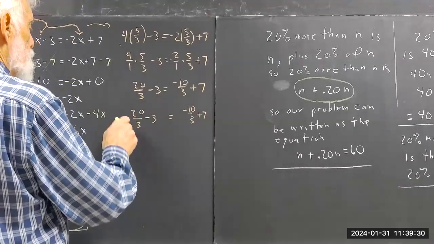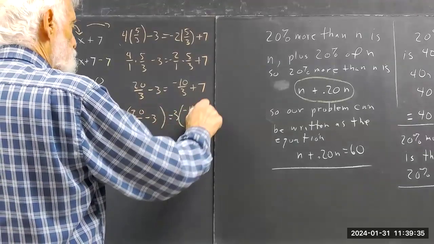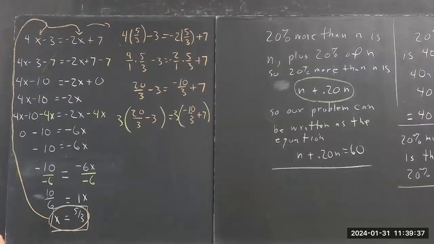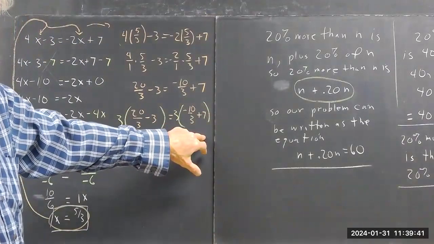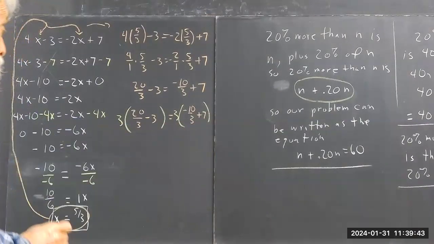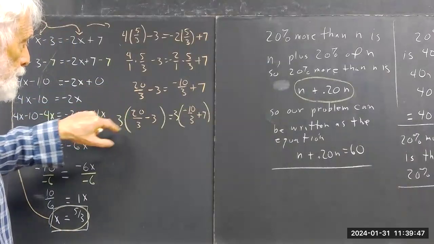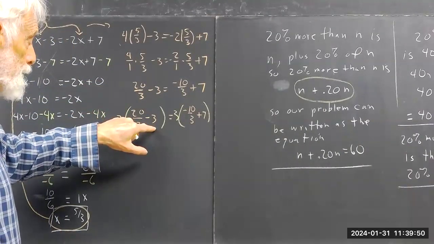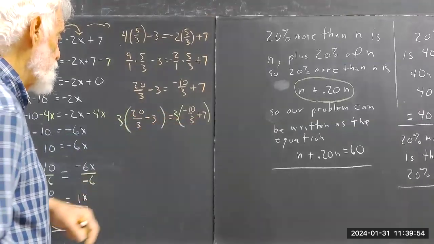And we multiply both sides by 3. Notice that I put parentheses around everything that's being multiplied, and I've got to multiply the whole side. Now, when I multiply by 3, that means 3's got to multiply this, and 3's got to multiply this. Similarly, 3's got to multiply this, and 3's got to multiply this.